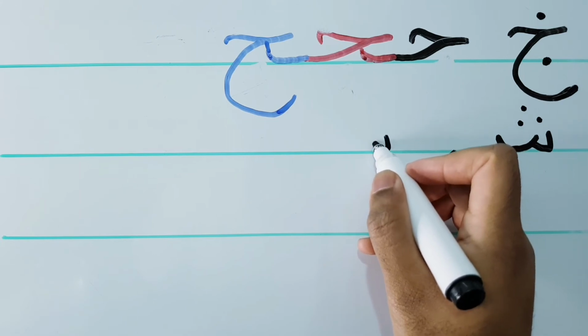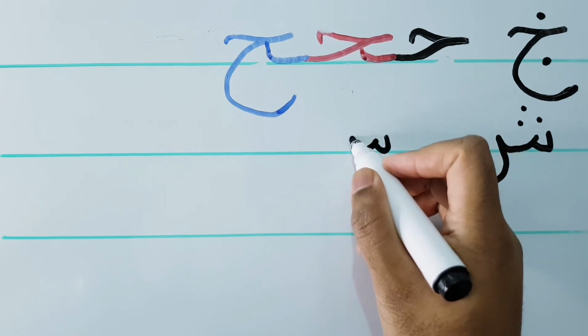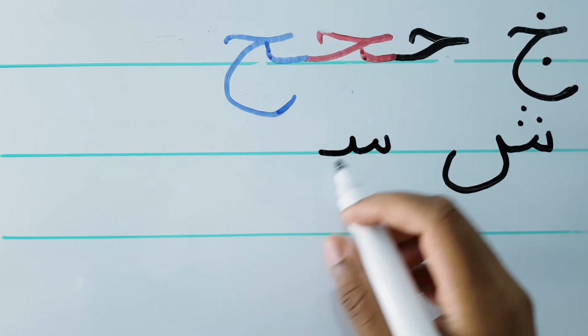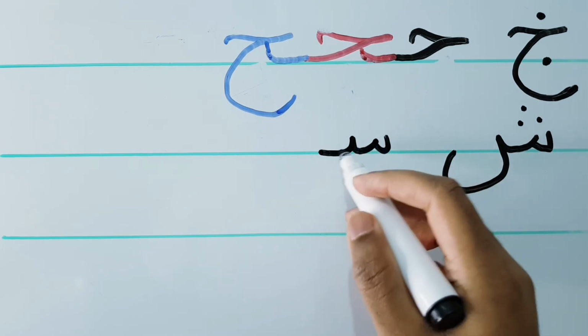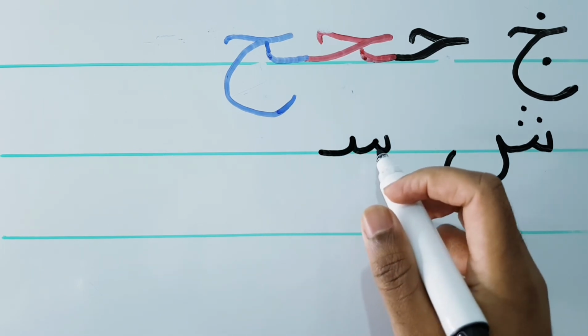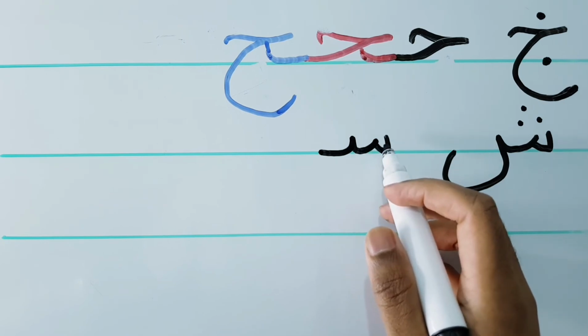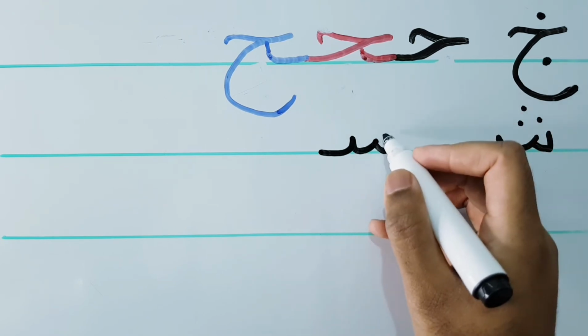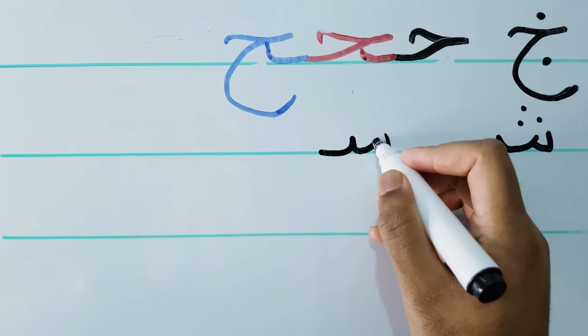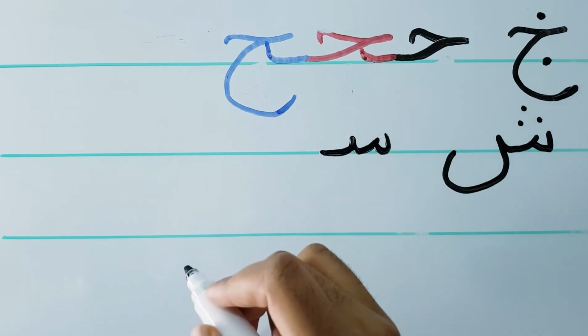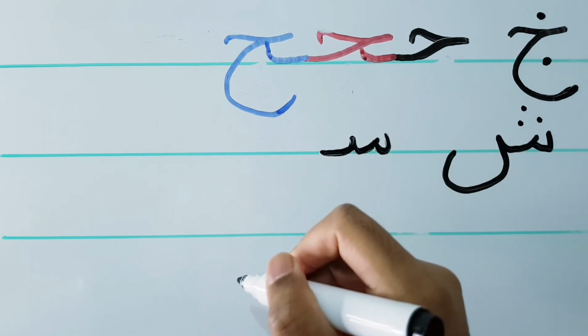So at the beginning they look like this. Okay? So instead of going down, we go like this. This is Seen and Sheen. And notice how this part is slightly wider than this part. Okay? So we do that, like that, then like that. That could be Seen or Sheen. Put dots and it's Sheen.